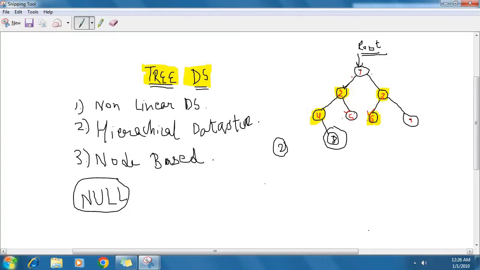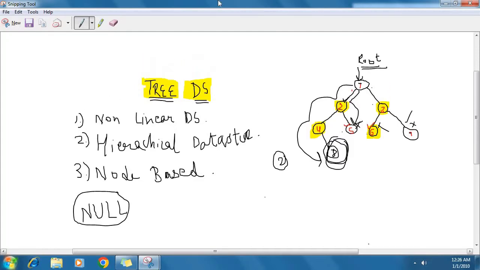Note this, and note this also. If you carefully observe, from this 1, 2 and 3 is the height, here is 2, here is also 2. So what is the deepest leaf node? This is the 8. So the height of a tree is basically the longest path from the root node to the deepest leaf node. This is known as the height of a tree.